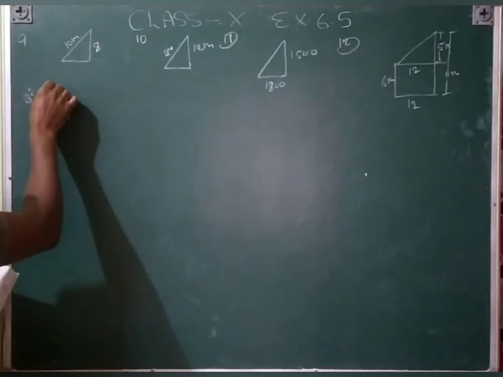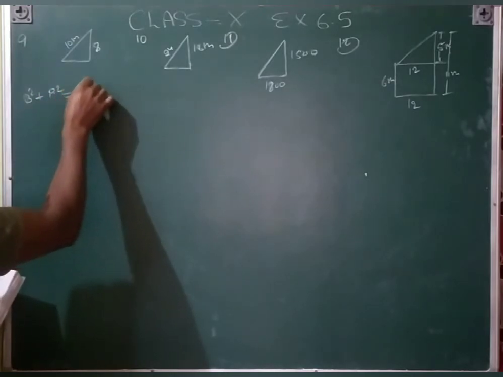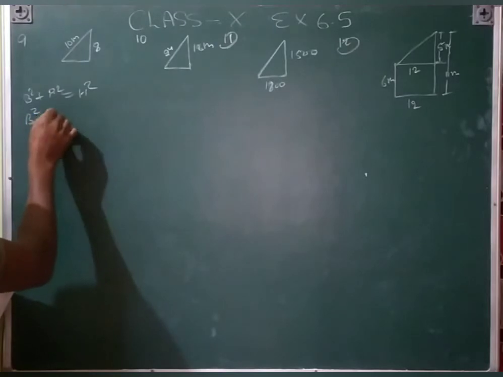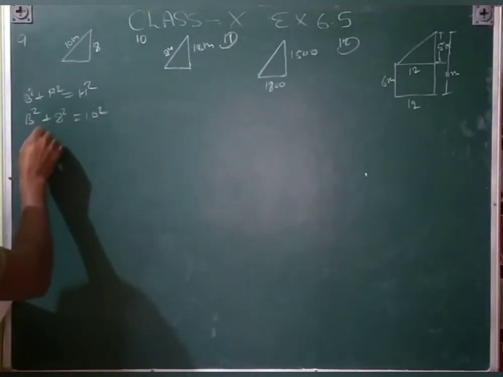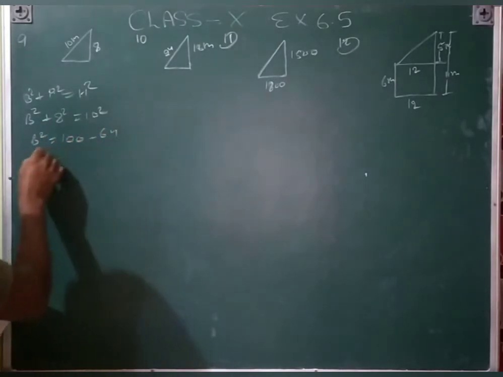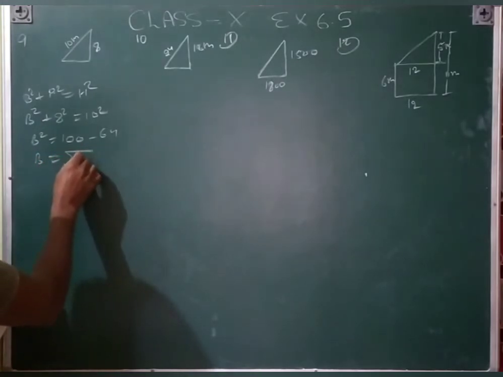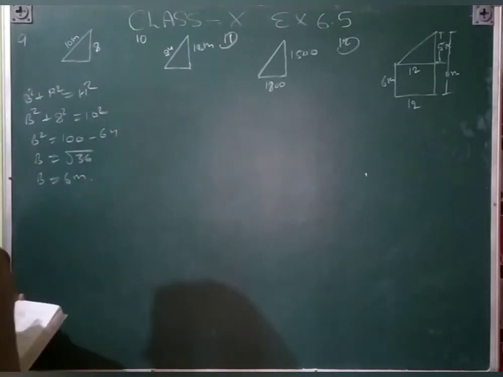Base square plus perpendicular square is equal to hypotenuse square. So 8 square plus base square is equal to 10 square. Base square is equal to 100 minus 64, so base is the square root of 36, which is 6 meter.